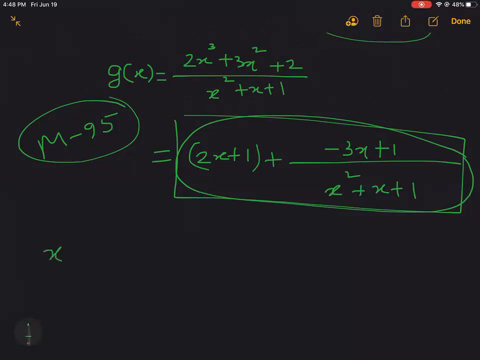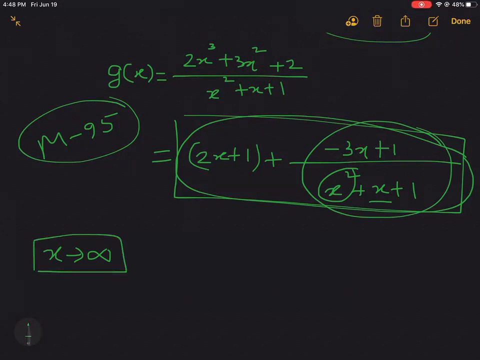if x tends to infinity, that means if we plug in infinity in place of this x, this will be 0. That's one of the explicit calculations I was talking about. How can we do that? Why are we doing this?